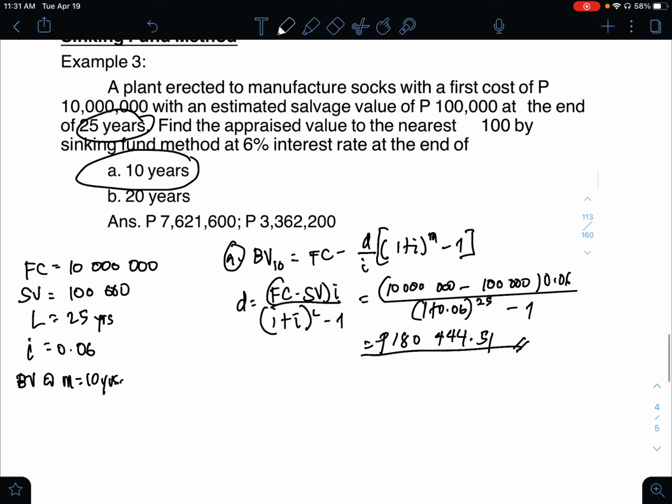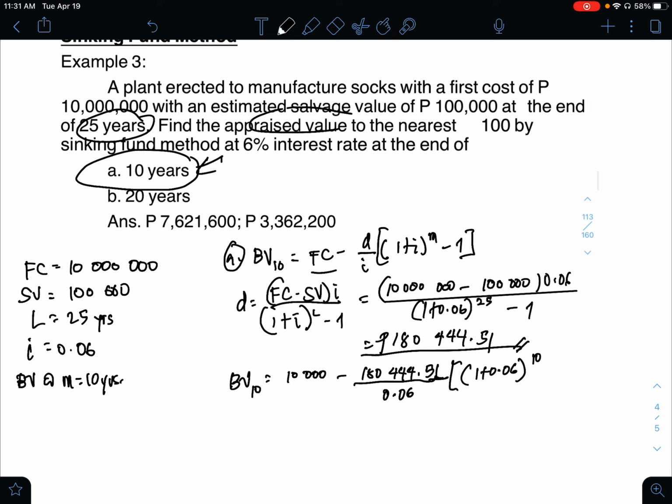Now we can find the book or appraised value after 10 years. So BV at 10 is equal to 10 million minus the depreciation, 180,444.51, divided by I which is 0.06, times 1 plus 0.06 raised to M, which is 10, minus 1. So that is for A at M equals 10.